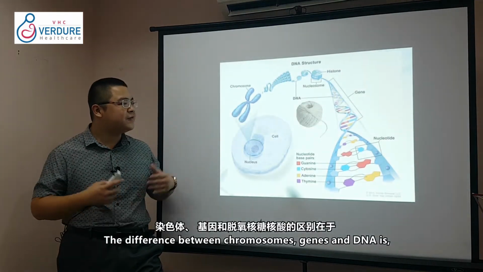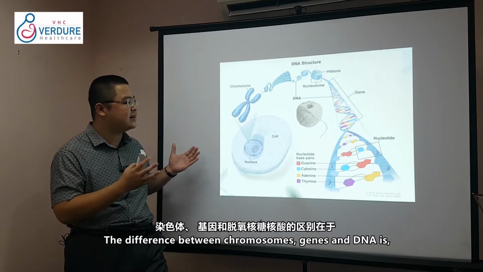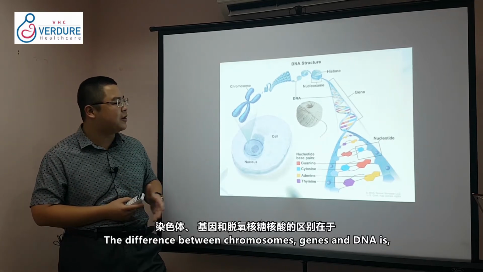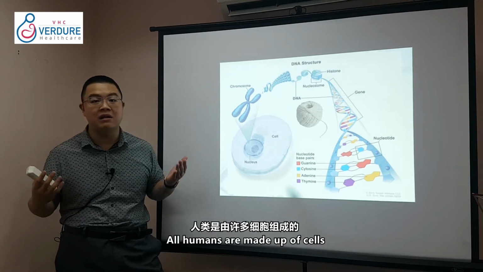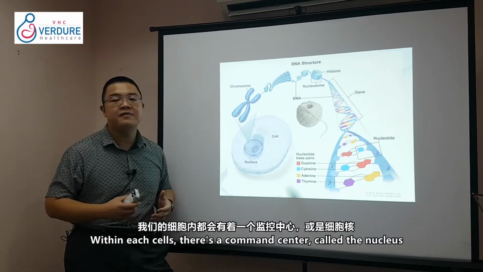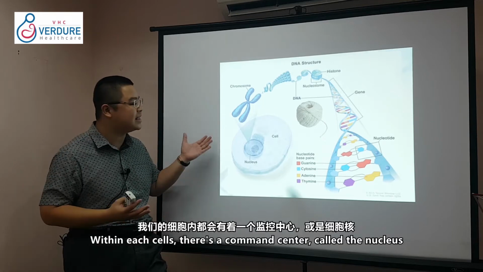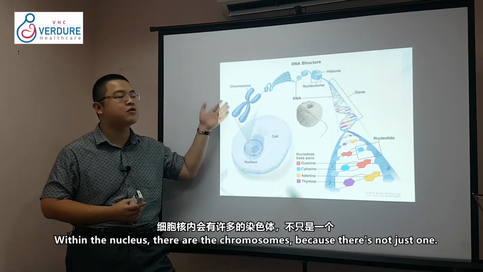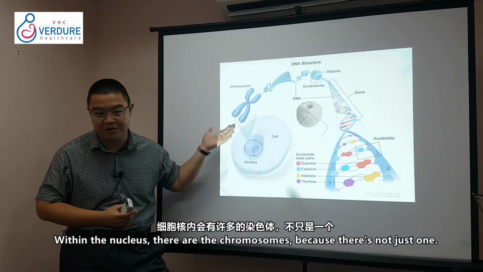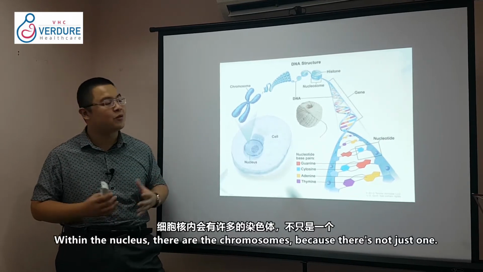So the difference between chromosome and the DNA is that all humans are made out of cells, a lot of cells. Within there is a command center called the nucleus, and within this nucleus there are chromosomes, because there isn't just one.